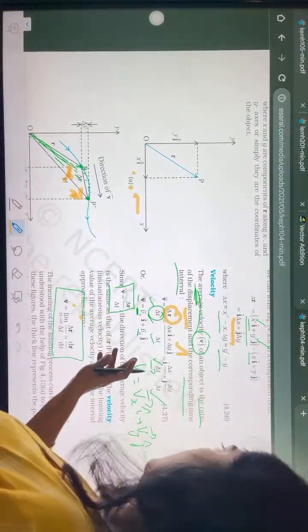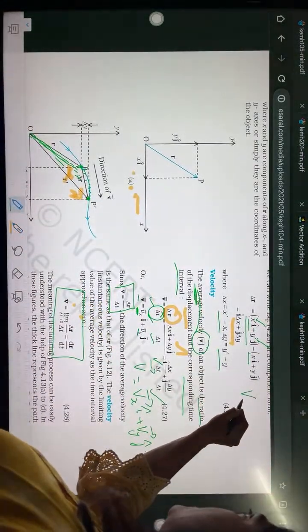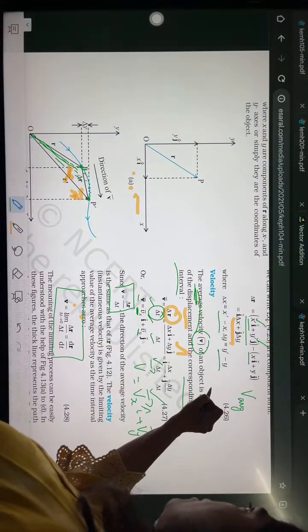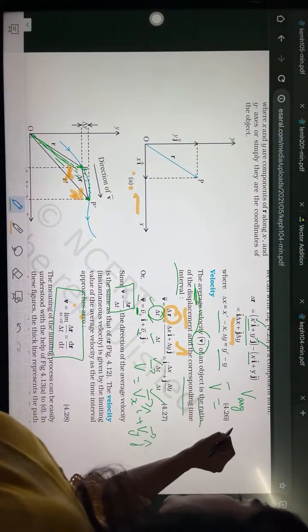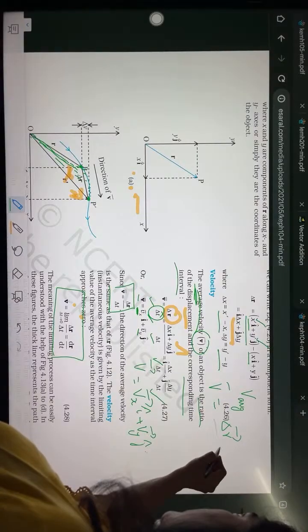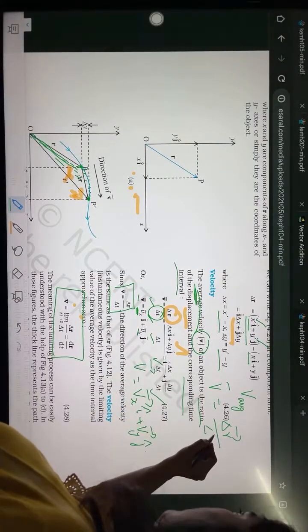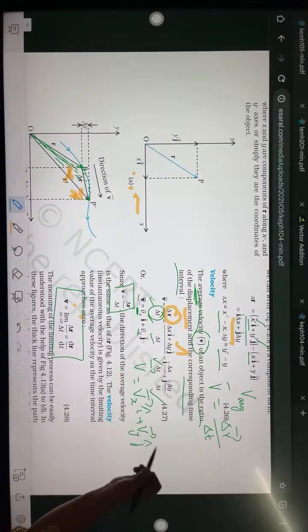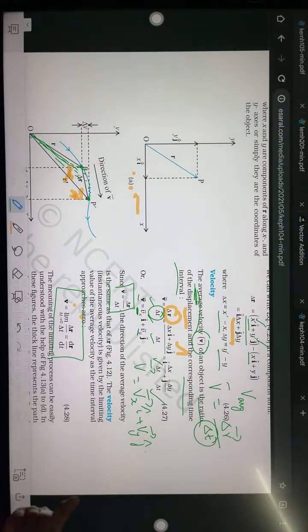For example, what is the average velocity? This is V average, or V bar, you are talking about. So delta R vector by delta T, right? This is the time change. You know the initial time and the final time. There is an average between the initial and the final time, so there is a definite time period.